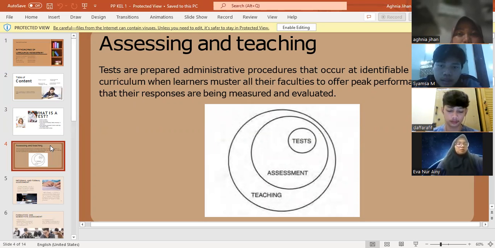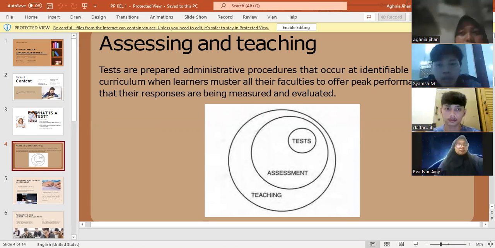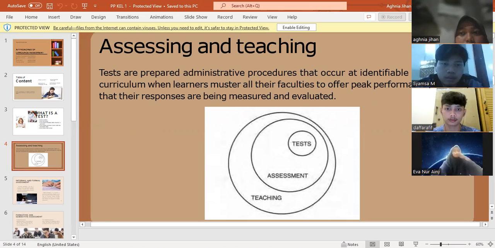Tests are prepared administrative procedures that occur at identifiable times in a curriculum, when learners master their faculties of peak performance, knowing that their responses are being measured and evaluated. You can see this picture. I will explain about this picture.